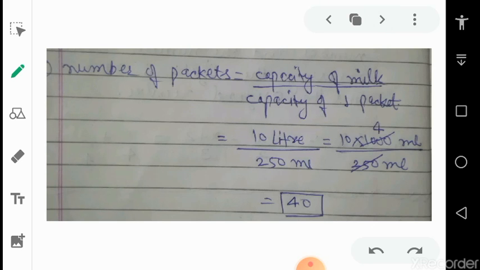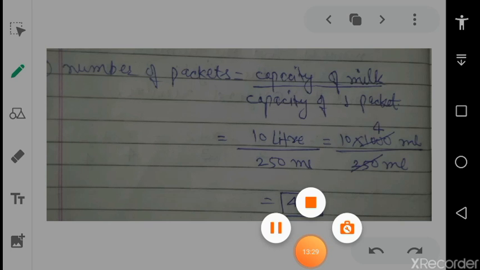And I also told you that when we compare the quantities or do some mathematical operations, their units should be same. So 10 liter and 250 milliliter both are different, we can't do anything. Then convert the liter into milliliter, as we multiply 10 by 1000, then divide by 250. After cancelling the terms, we have 10 multiply 4, that is 40.